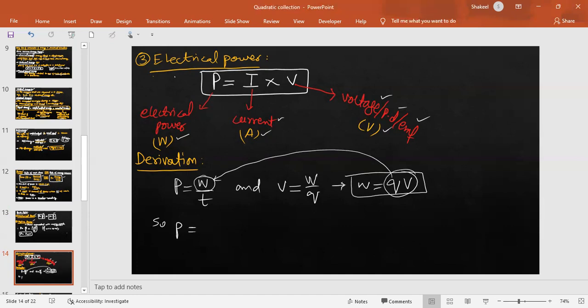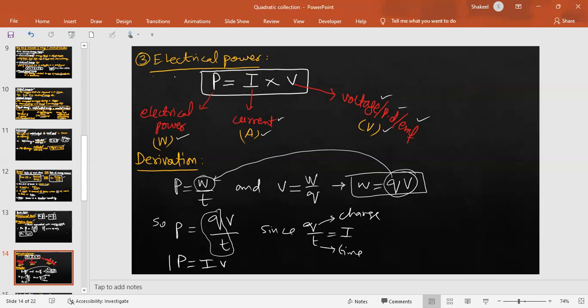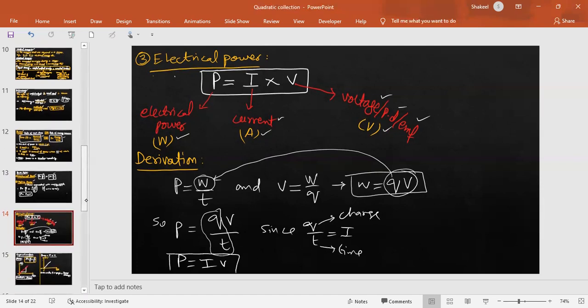So power would be equivalent to QV by T. And if you look at Q by T, that is current, the rate of flow of charge. Q is charge, and T is time. So we say that P is I times V. So this is the derivation for electrical power.